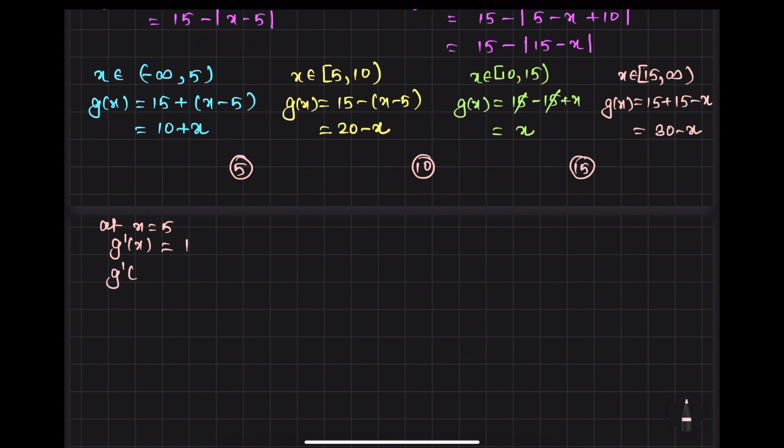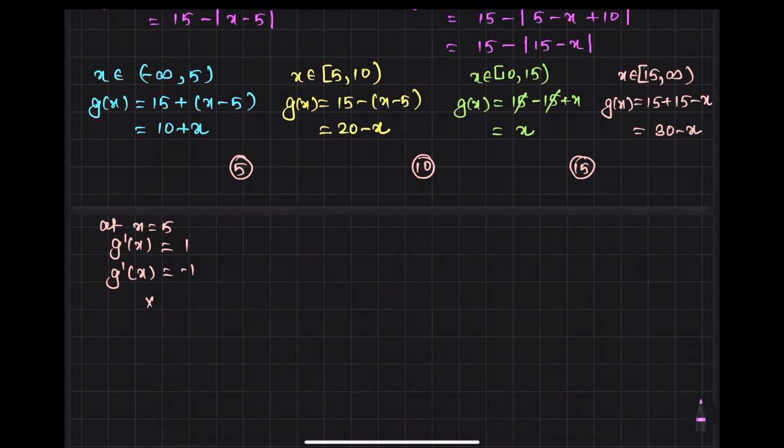Now for the other piece, g dash: 20 is 0 and minus x is minus 1. So they are not equal. LHD means behind this blue function, after is the yellow function. You can clearly observe that it is not equal, so it is not differentiable at x equals 5.